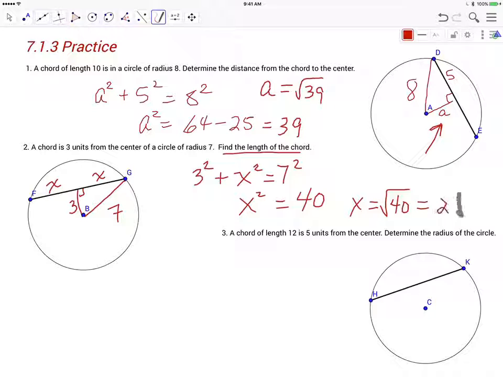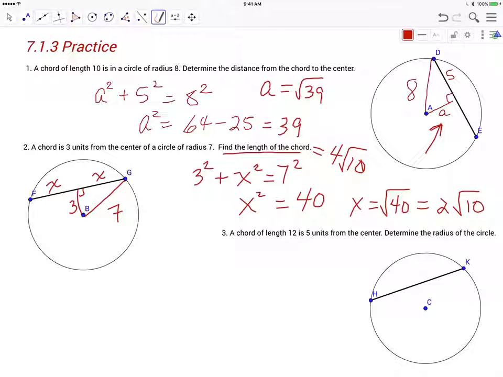So it's 2 root 10. Don't get comfortable just yet. The length of the chord then is 4 root 10. We want to make sure that we answer the problem at the end. So 4 root 10 is what you should have gotten.